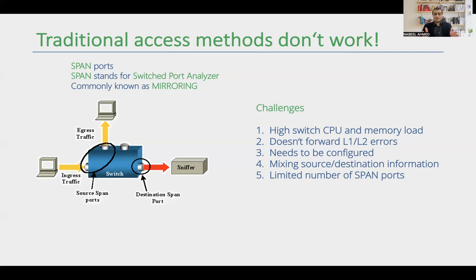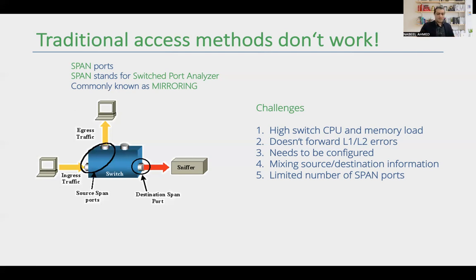Our presentation is not vendor specific, it's very generic. Some vendors have a limitation, like maybe 24 ports can be mirrored, or maybe a certain number of meters can be mirrored. So there are limitations.